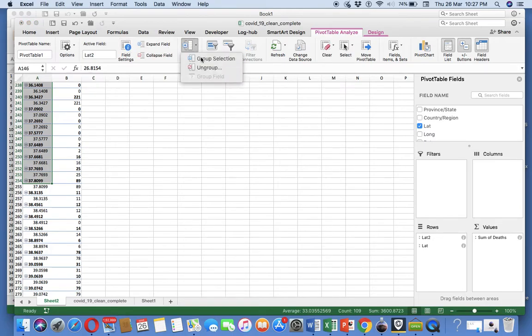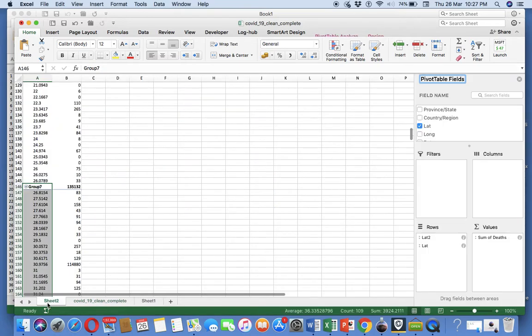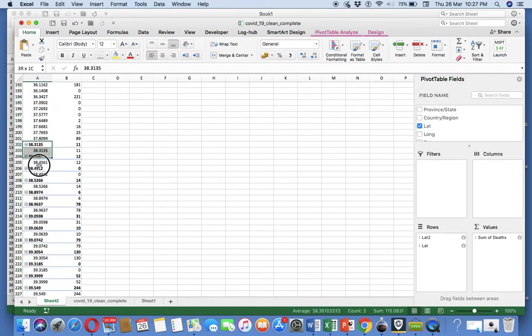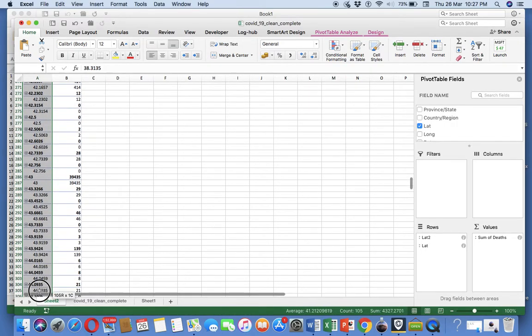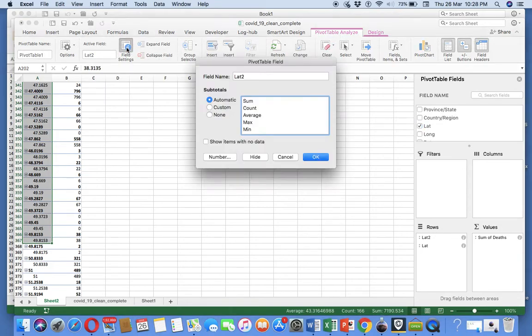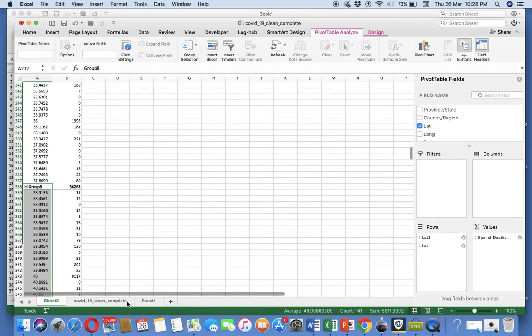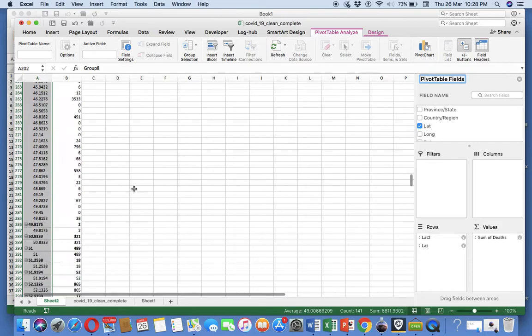The next group is 38, right? And the next group is 49. And the next group is 61 and then 72.